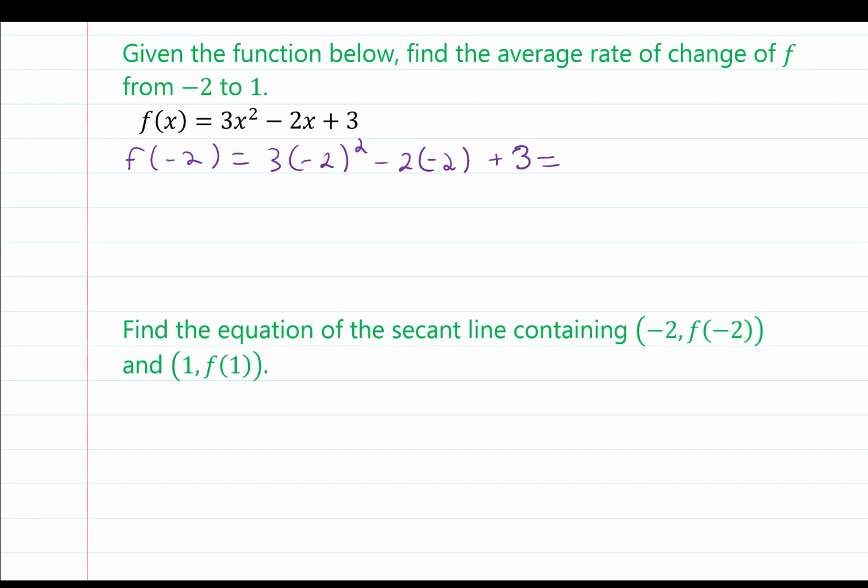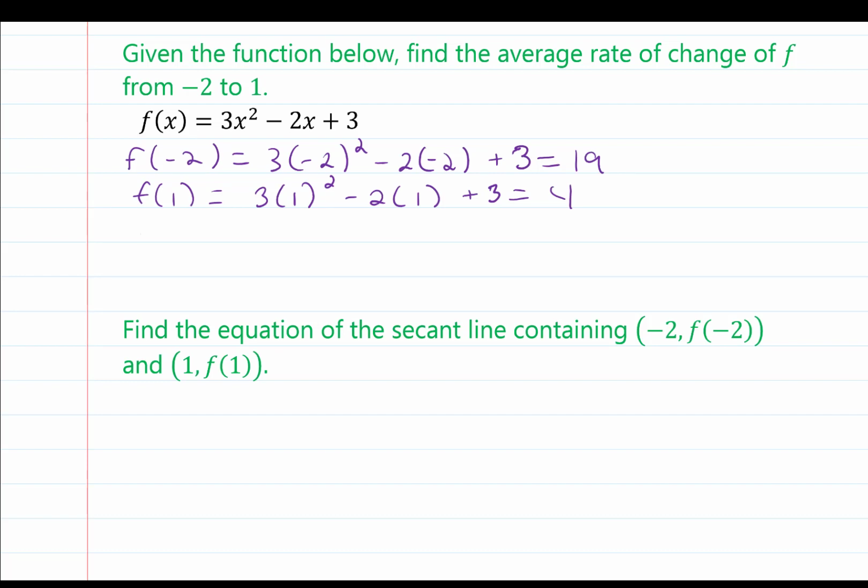And when we do our order of operations, we will get positive 19 as an output. We're going to do the same thing with positive 1, so it'll be f of 1 is equal to 3 times 1 squared minus 2 times 1 plus 3, which gives us an output of positive 4. So f of 1 is equal to 4, and f of -2 is equal to 19.